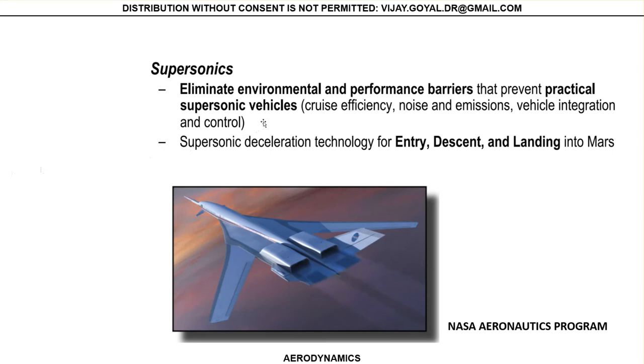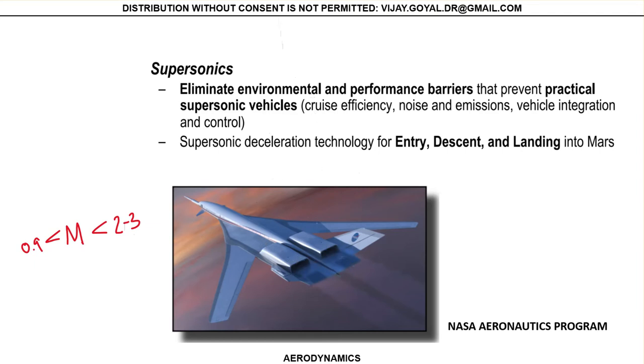Supersonic are the ones that are bigger than 1, well, typically 0.9, and less than, let's say, 2 or 3. Those are supersonic. And you can see some applications for this given here.